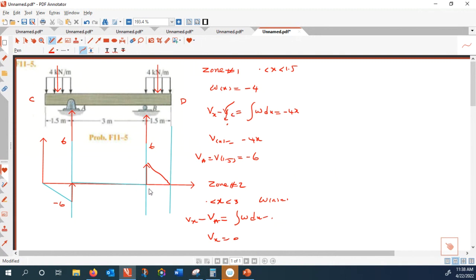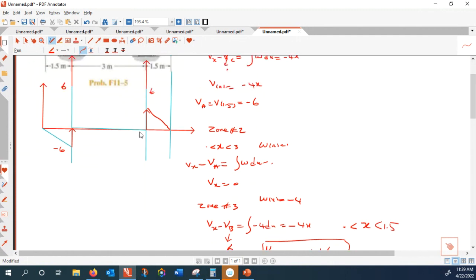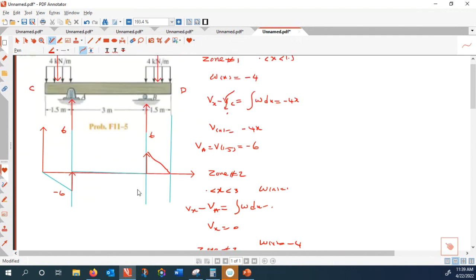So I just wanted to note that when we are making this integral, this is for zone 3. Zone 3 starts from B to D. So how come at B we plot 6? Because before that V was 0. After that, because of this reaction, the 0 is shifted to +6. This is 6.